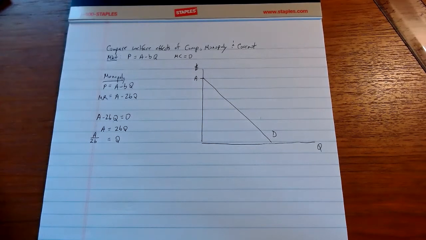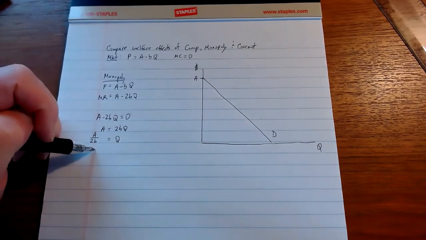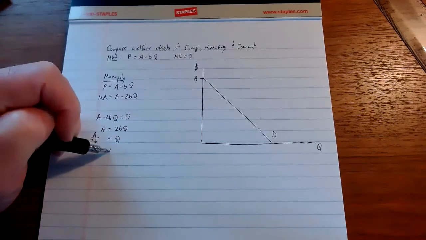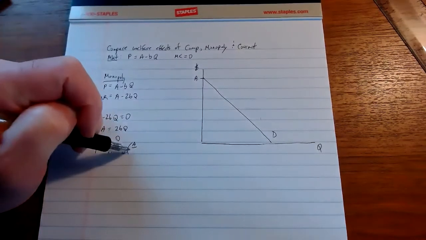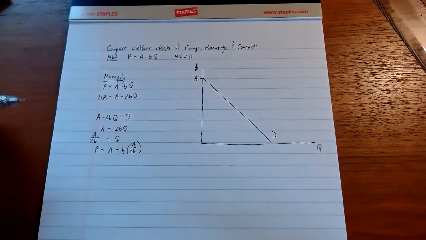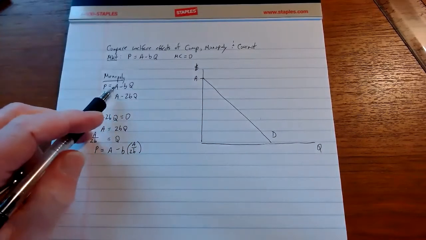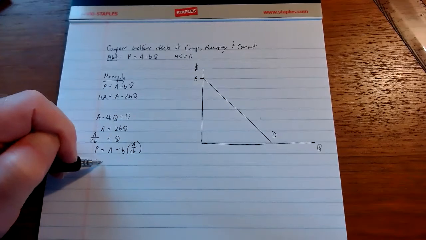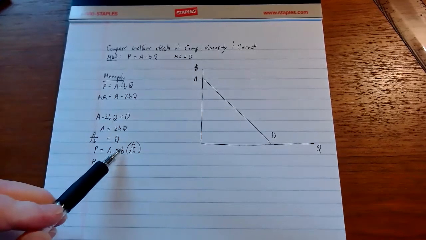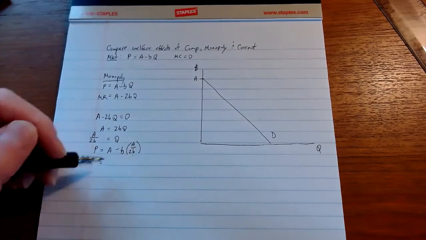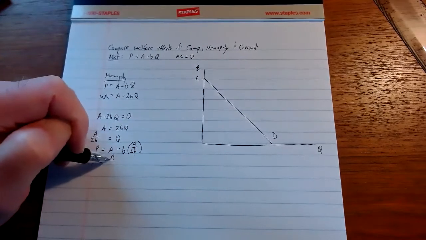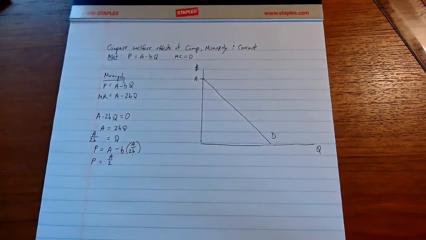Okay. That's the quantity. What's the price? Well, the price is A minus B times A over 2B, just substituting back in here. So the price turns out to be, well, let's see, the B's drop out, and we end up with A minus 1/2 A, so we get A over 2 is the price.